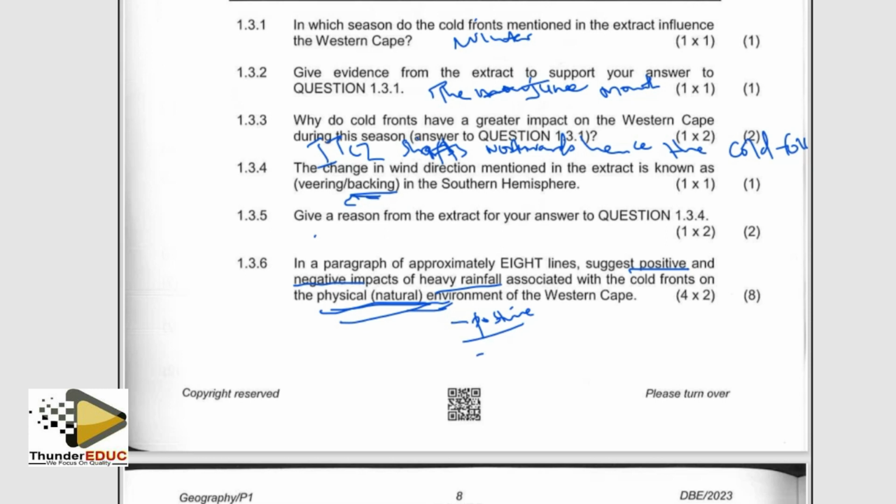Under positive, it clears or cleans the atmosphere. Remember, when it rains, toxic gases in the atmosphere will be brought down, so the air in the atmosphere is going to be clean. That is number one.